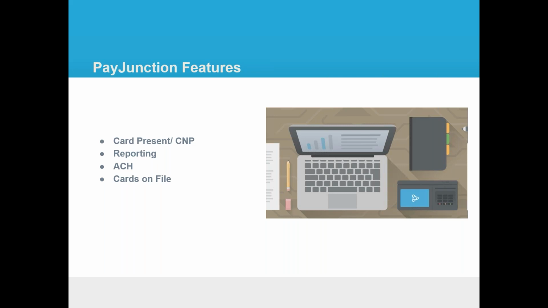So whether the customer is dipping or tapping their card on the payment terminal directly, or if they're processing their payment online or over the phone, we ultimately deliver multiple transaction types to meet your clients where they are in their payment journey. And these are all done with industry-leading security technology, thereby protecting your money.